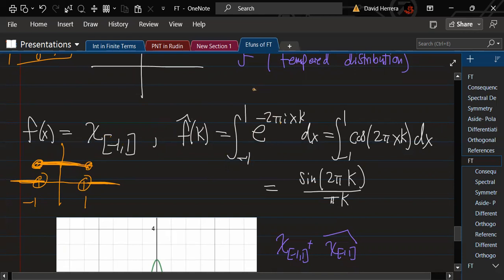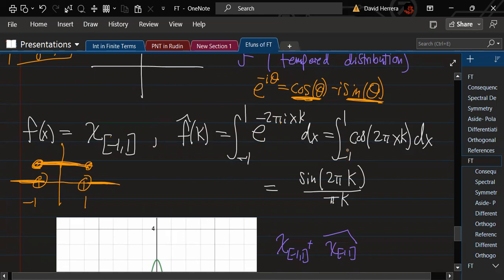Now, the exponential, if you use this formula, has a real part and an imaginary part. And this is an even function, and this is an odd function. So if I'm integrating an even function over -1 to 1, then that will be what it is. The odd function part will be 0.